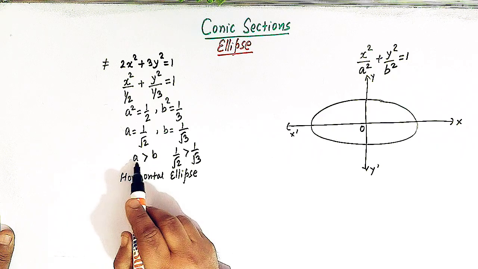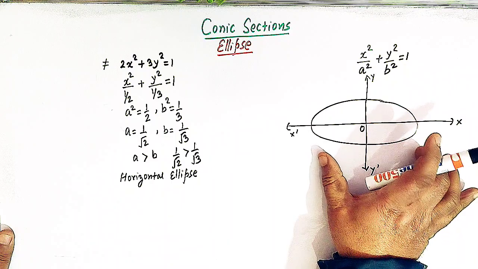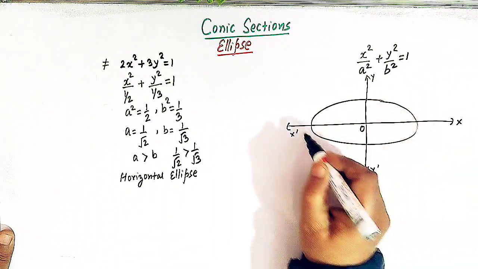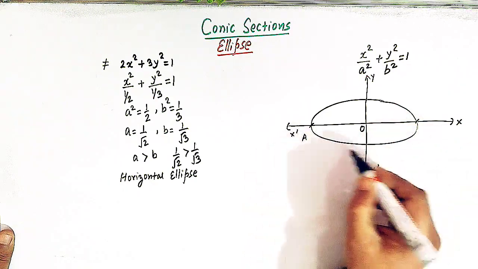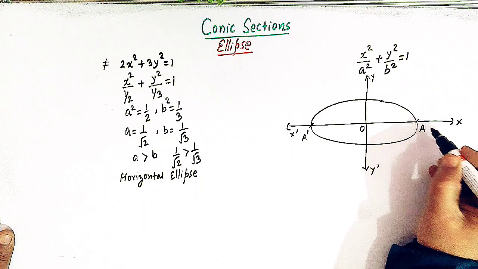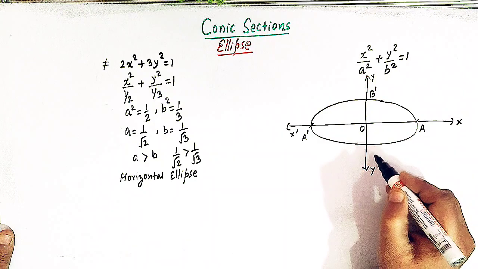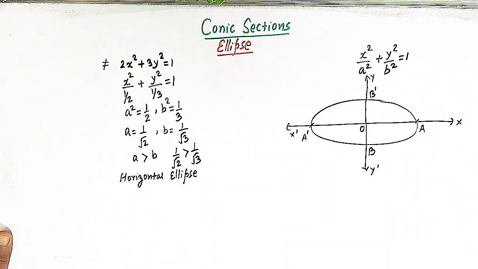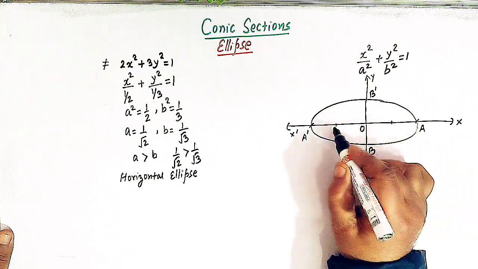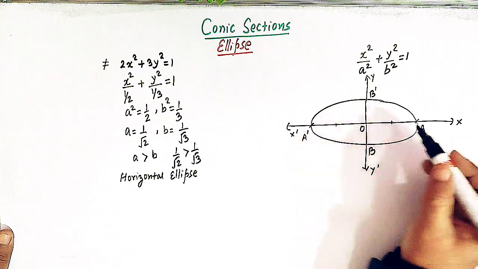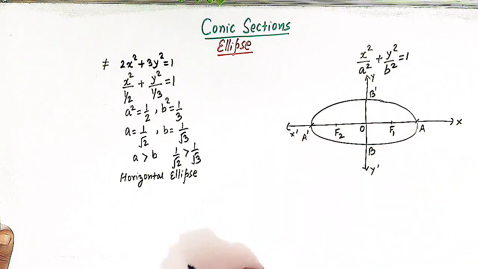So since a is greater than b, the ellipse is a horizontal ellipse, and here these 2 points may be denoted by, say, a prime, and here we have a. Here these 2 points may be written as b dash, and here we have b. Right? And the foci may be located like this. These 2 points are known as the focus. So here we have f1 and here we have f2. Right?